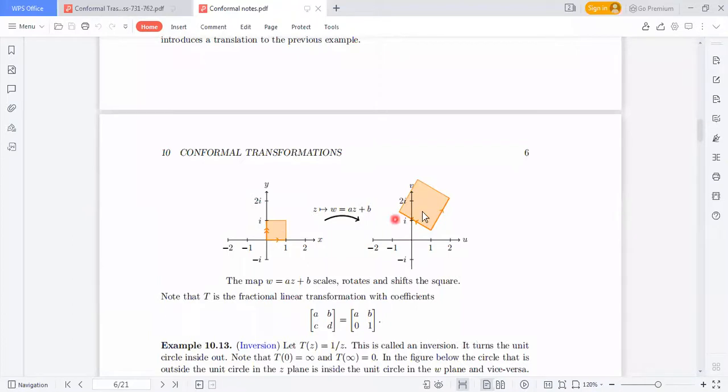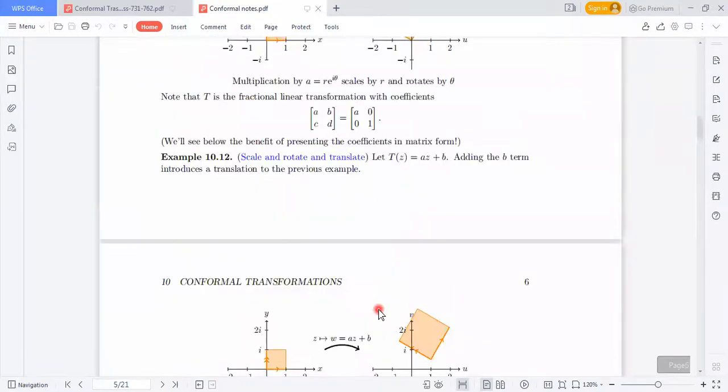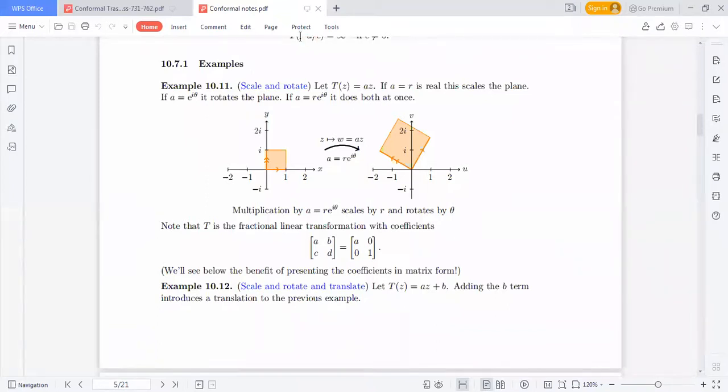We get a bigger square, a little rotated and also translated. So the map w equals az plus b scales, rotates and shifts the square. From this example, the complex constants a, b, c, d are a, b, 0, 1. These two are examples of Mobius transformation or fractional linear transformation or bilinear transformation. You have to remember this one.